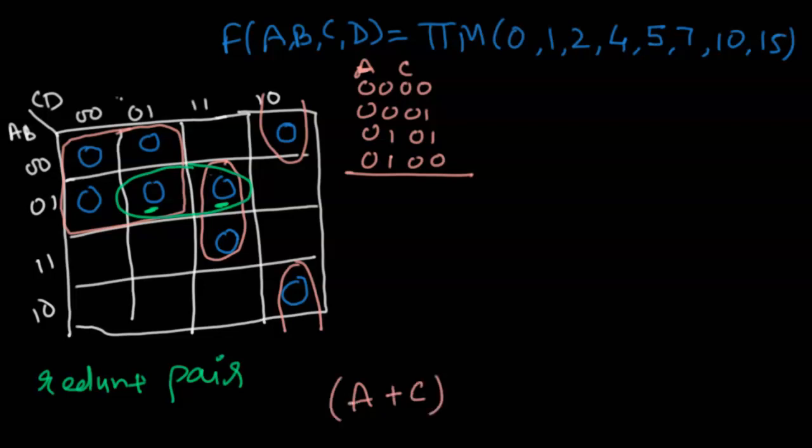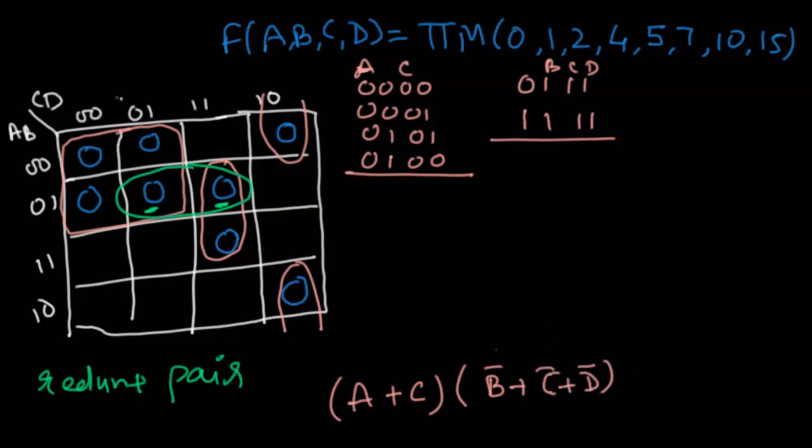Next, moving forward, we will have this group, which is again 0 1 1 1 and 1 1 1 1. So here what we have in common is B, C, D. So we have B bar plus C bar plus D bar, because in POS form my 1 is equal to complemented.